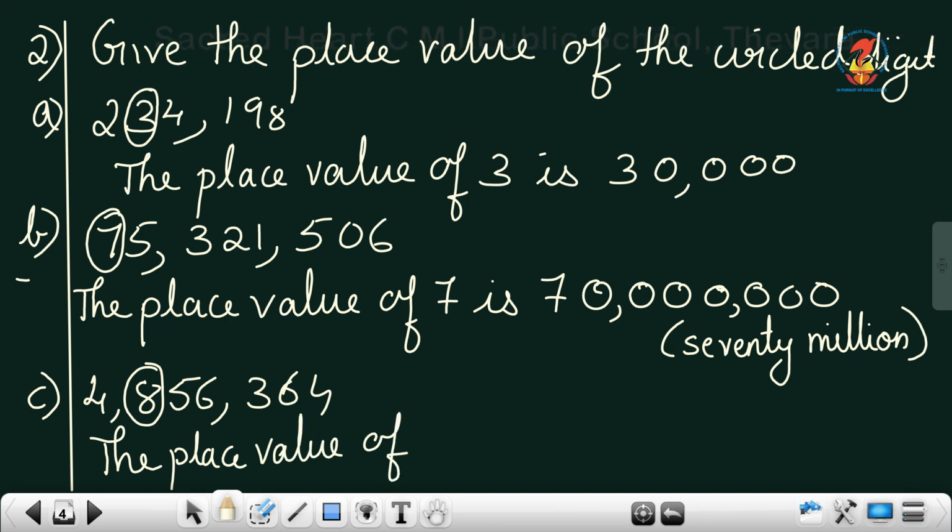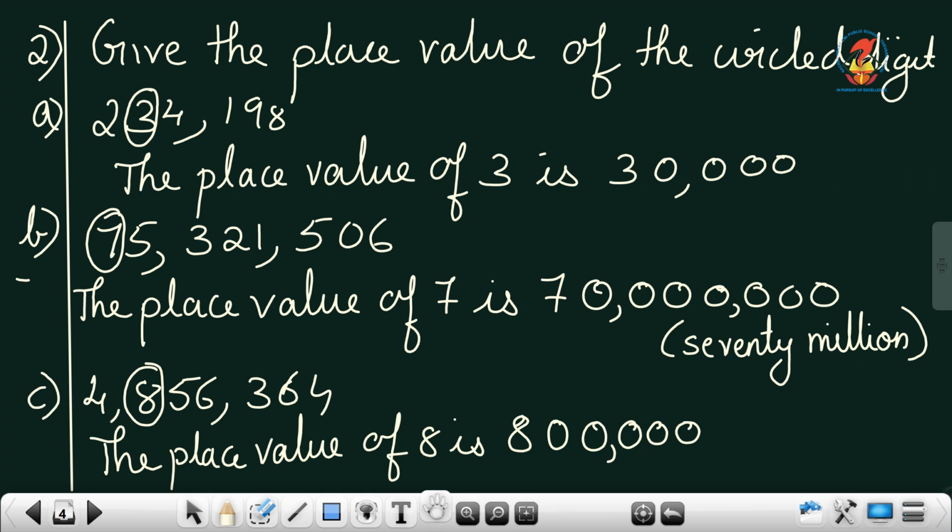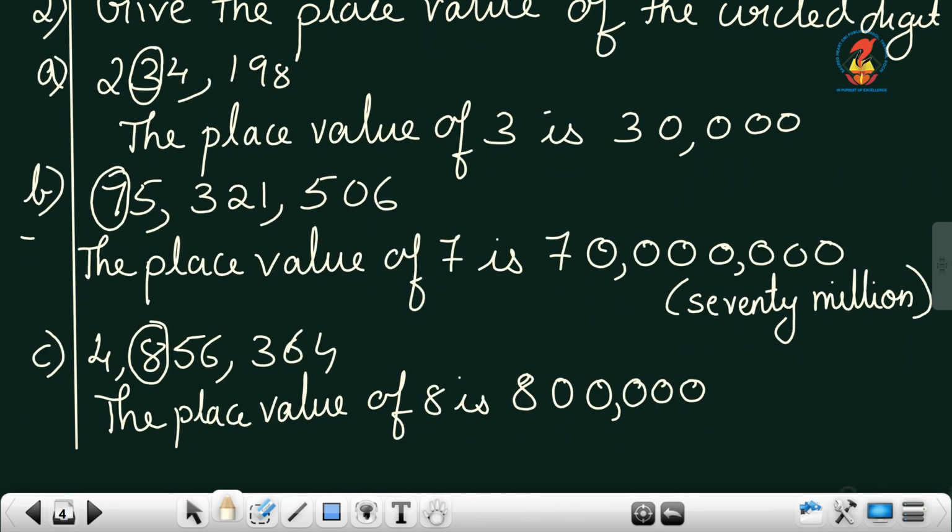Again, write the place value of 8. Write 8 first. After 8, you see how many places are there. 1, 2, 3, 4, 5. 5 places. So, put 5 zeros. And then you put commas according to the international system. And then you can write in bracket how it is read.